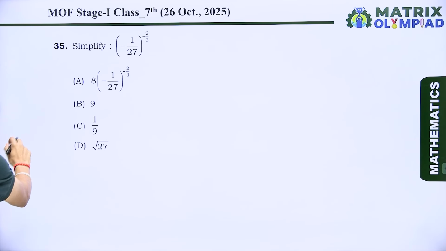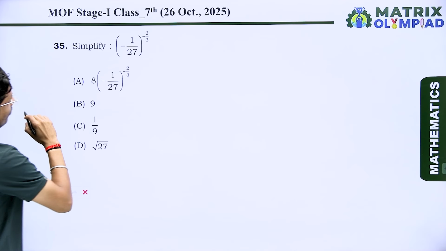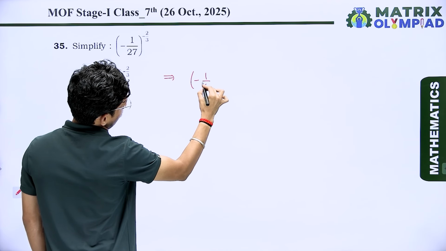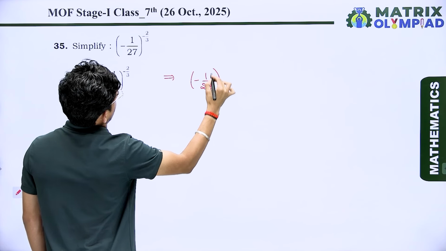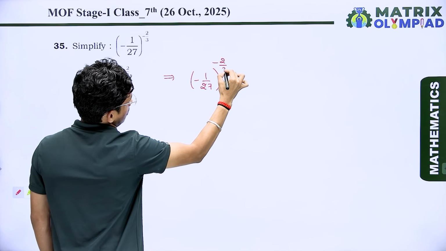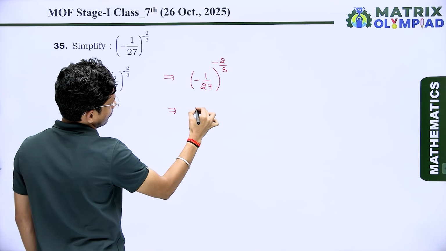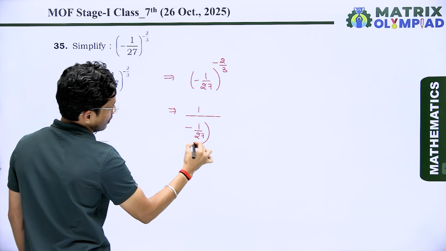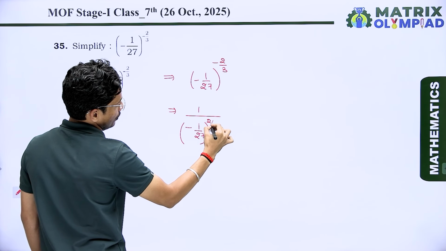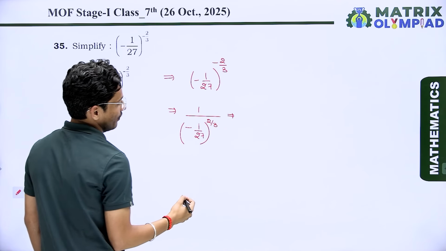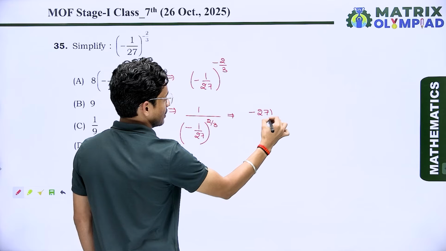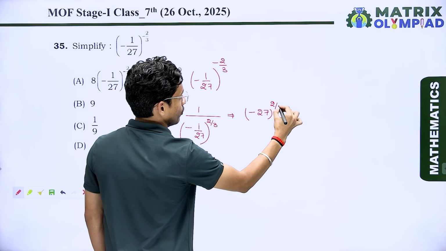Now the next question is to simplify. Here we are given bracket minus 1 upon 27 raised to the power minus 2 upon 3. So we can write 1 upon minus 1 upon 27 to the power 2 upon 3, and when I simplify it, I can write minus 27 to the power 2 upon 3.